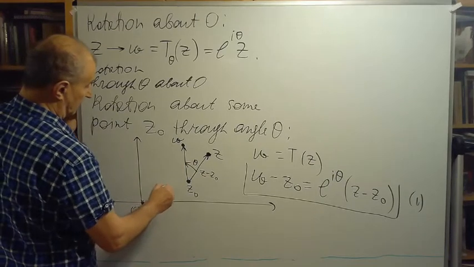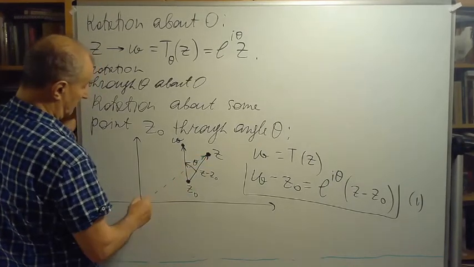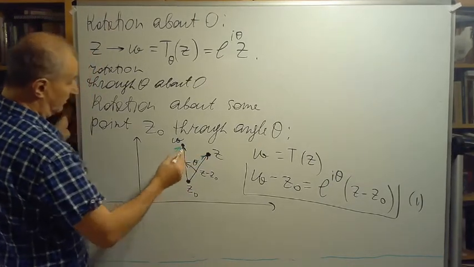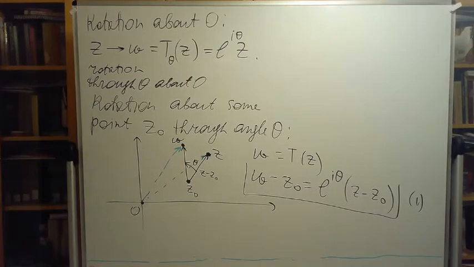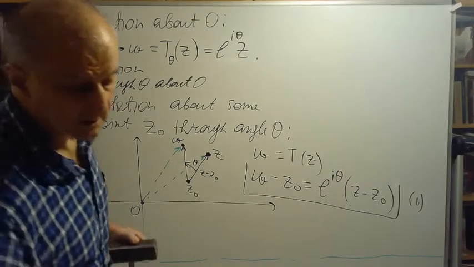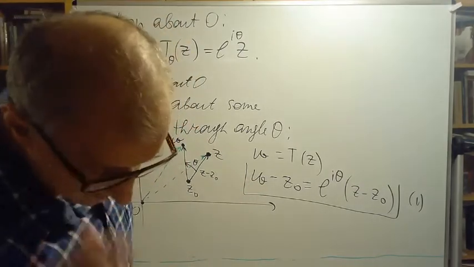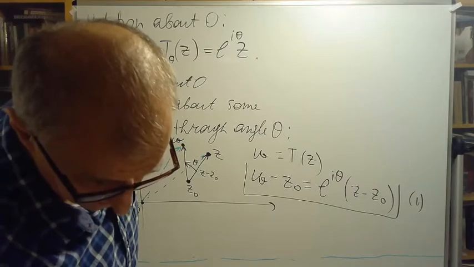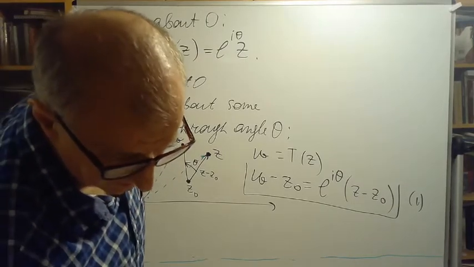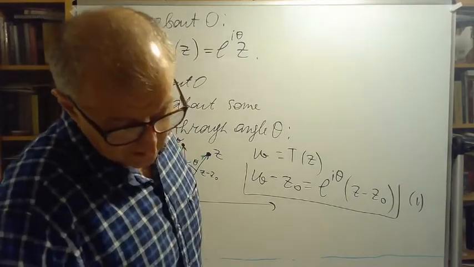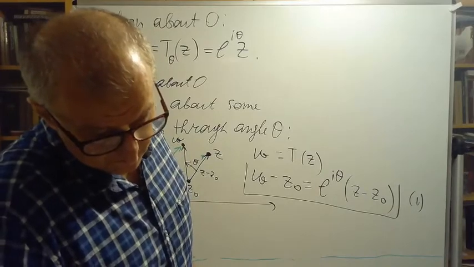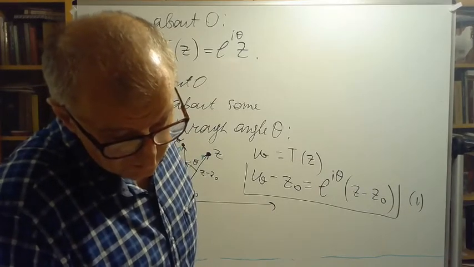It would be really complicated to consider vector Z and vector W, but instead we consider just their differences with the point Z0 about which we rotate the plane. For instance, if I look at some problems in your textbook, it's not really good advice. It gives you an example and tells you how to solve, for instance, the first problem.